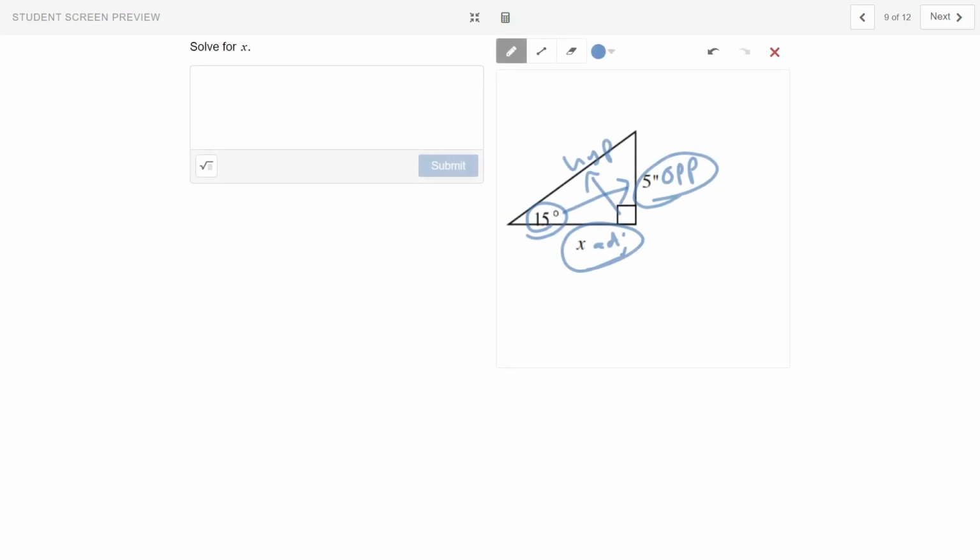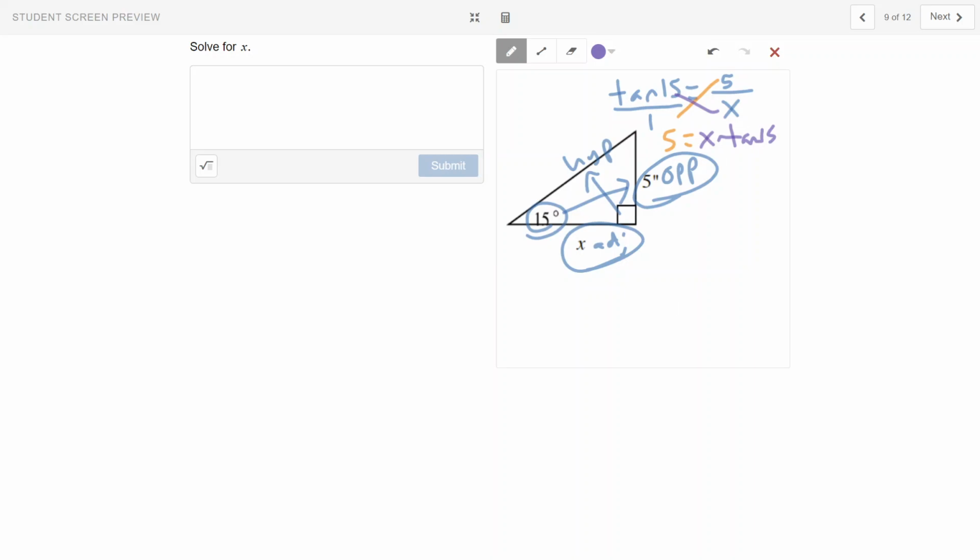All right, so we're going to do tangent of the angle 15 is equal to the fraction with opposite on top, that's 5, adjacent on the bottom, that's x. I'm going to put a 1 on the bottom and cross multiply. 1 times 5 is 5, and that would be equal to x times tangent 15. Tangent 15 is just a number. If it was 2, you would have 2x equals 5, and you'd just divide by 2, right?